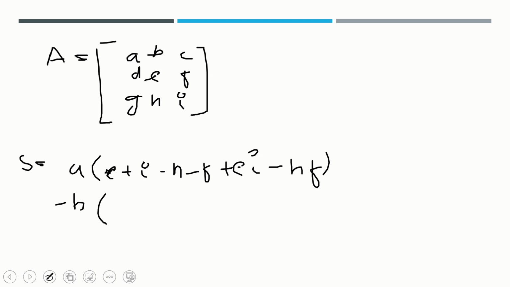That is D plus I, and take the lower left and upper right elements and subtract each one, minus G minus H. Then multiply the first two elements and add, then multiply the other two corner elements and subtract.